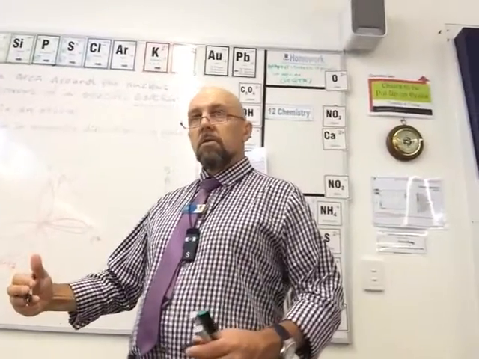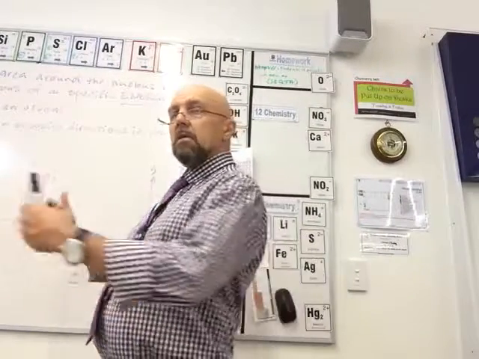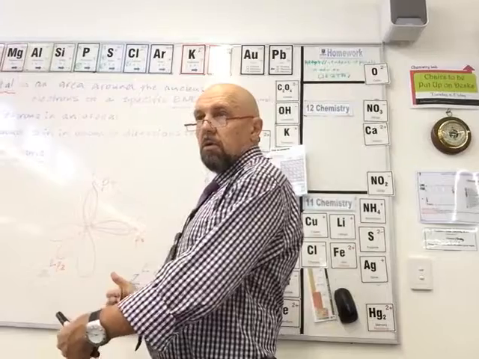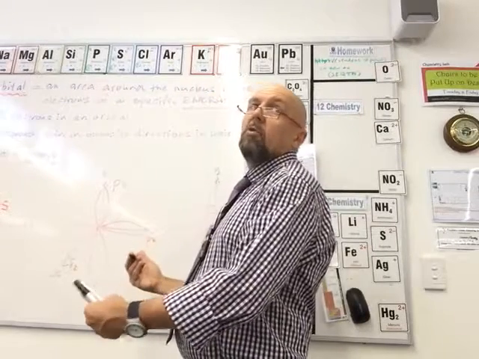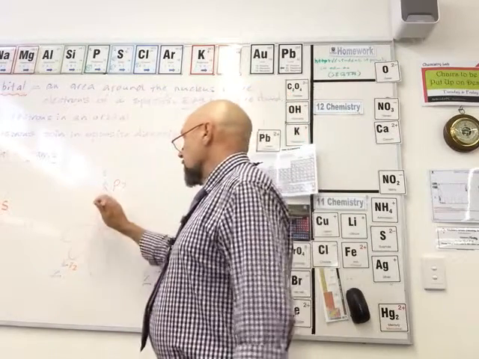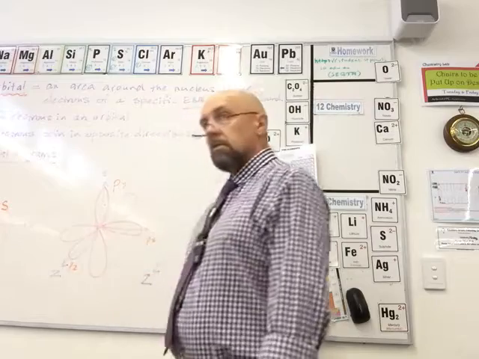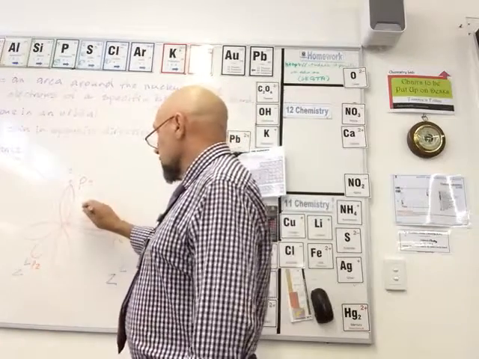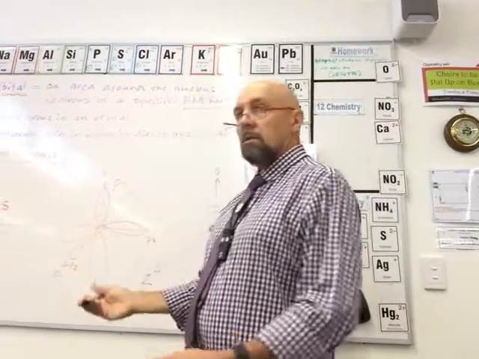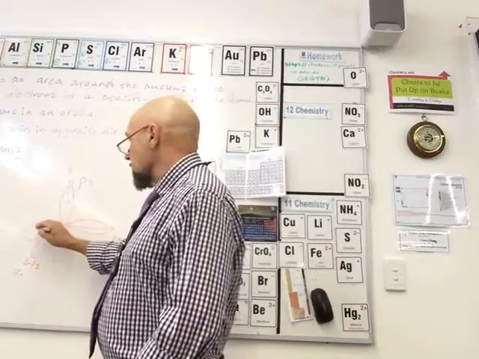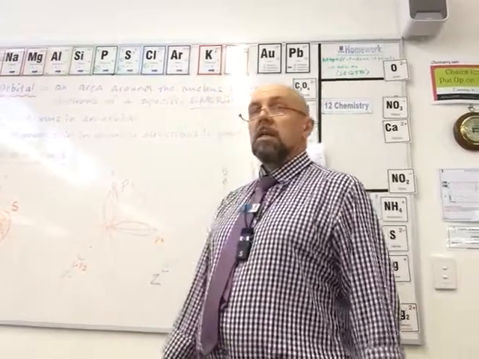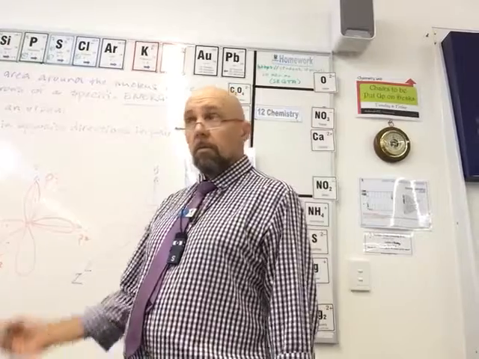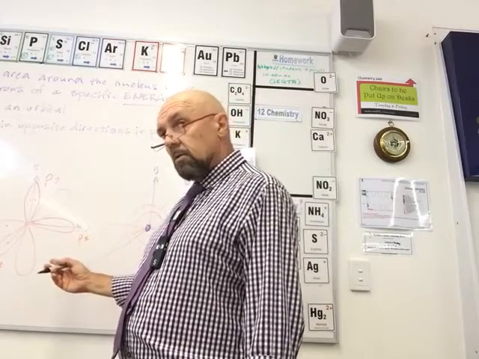Now, if the p subshell is filled, all 3 p orbitals are filled, I would have 2 electrons in this one, somewhere, 2 electrons in this one, somewhere, and 2 electrons in the px orbital as well.